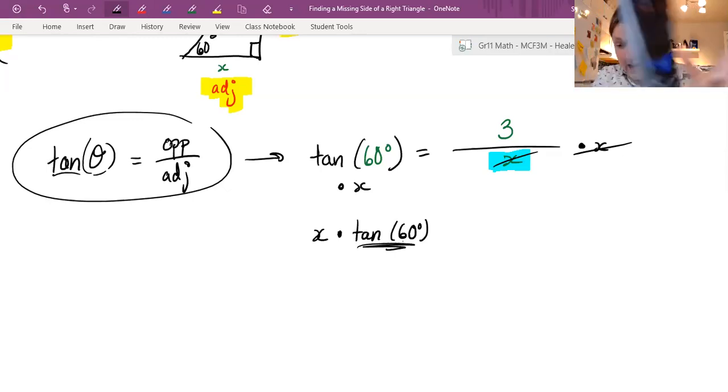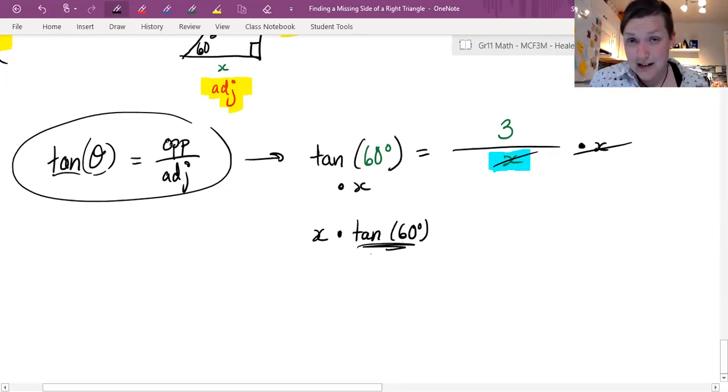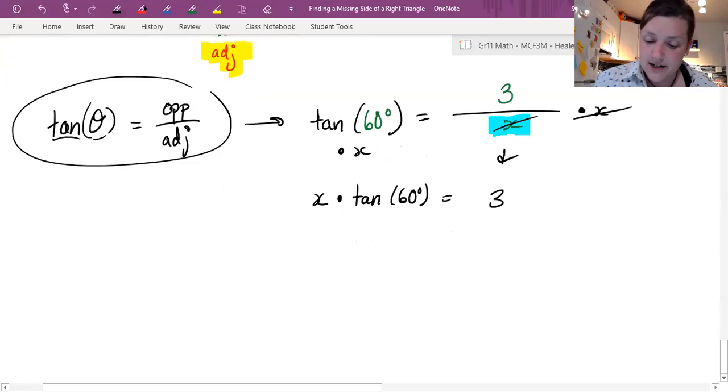But it seems like too much trouble to keep writing down that long decimal. That's why I leave it until the end. Okay, I digress. Now on the right-hand side, all we have left is that 3, but we still have to solve for x. So our next step, we divide both sides by tangent of 60 degrees.